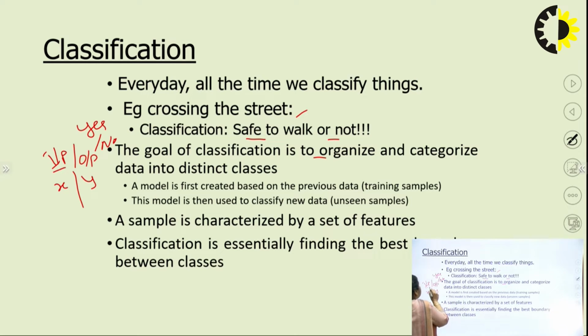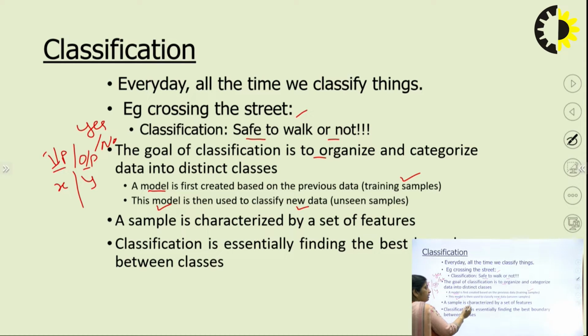When we are given input and output pairs, those form our training samples, and based on these training samples, we classify things. The training is done based on these input output pairs. Once we make our model of classification, we use that model to classify the new data which is unseen.